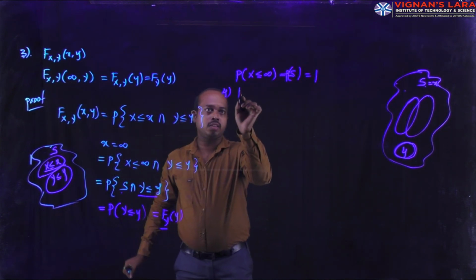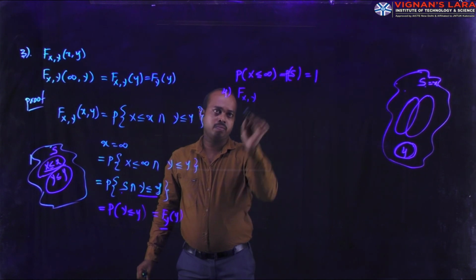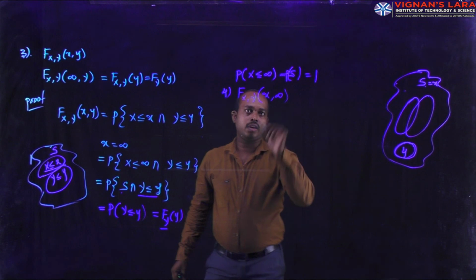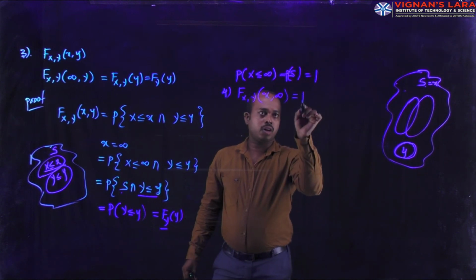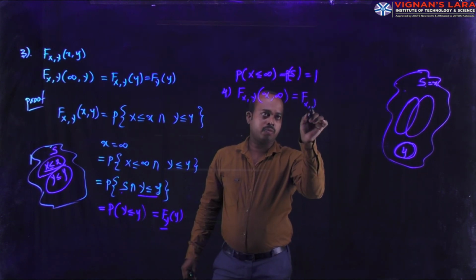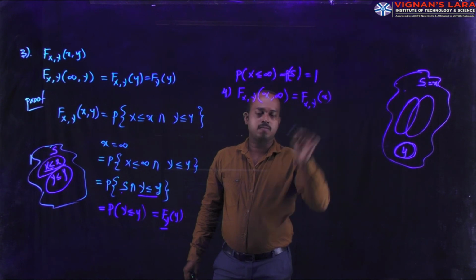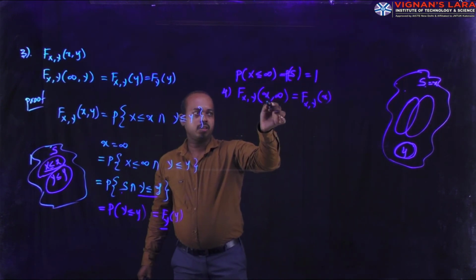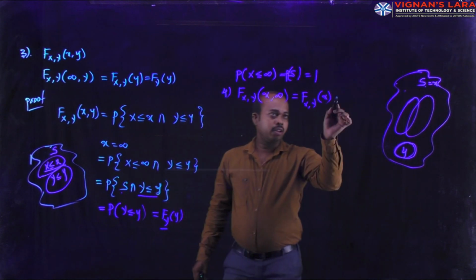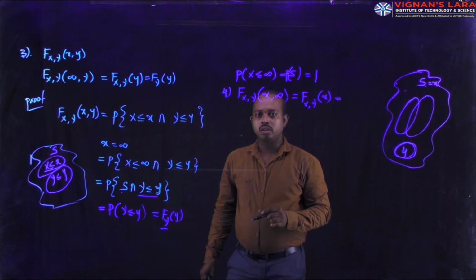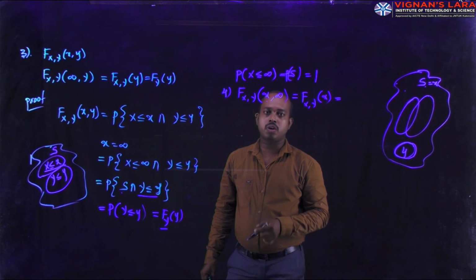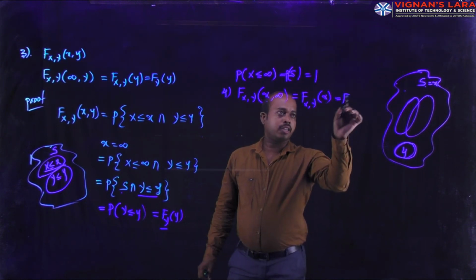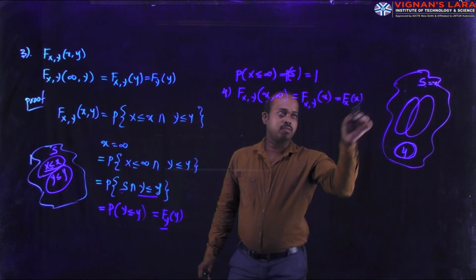You can write F of x comma y, x comma infinity, as the function F of x. We set the y value to infinity and obtain the x quantity, called the marginal distribution function for a given joint distribution, written F of x.